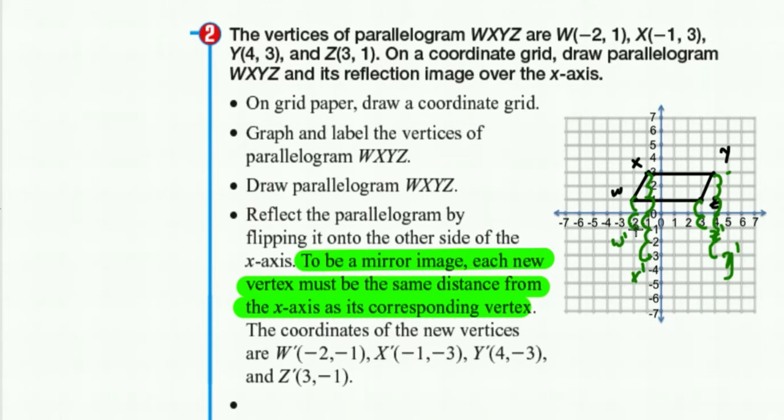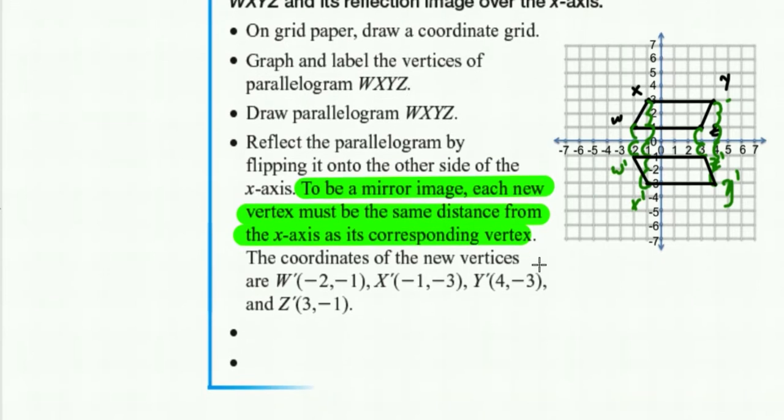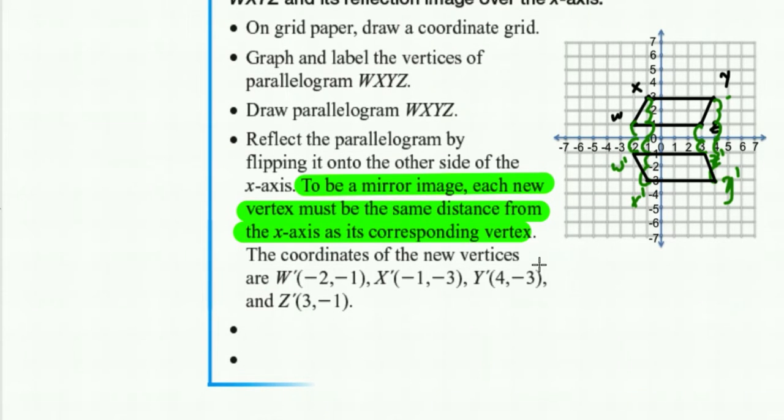So point W prime connects to point Z prime, and Z prime connects to Y prime. Y prime connects to X prime, and X prime connects to W prime. So you notice that you now have a mirror image of parallelogram WXYZ. You've basically flipped it over the x-axis.